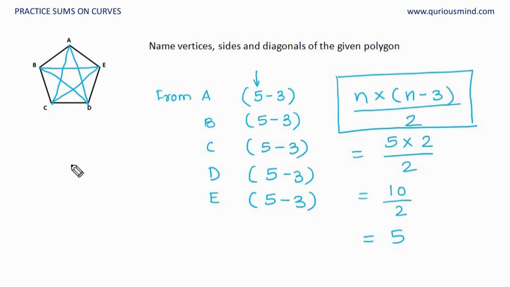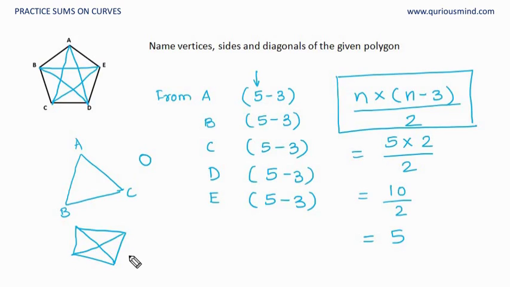So let's take an example of, let's say, a triangle. How many diagonals do you have in a triangle? I don't have any diagonals because all the vertices are adjacent. So I have 0 diagonals in a triangle. What about a quadrilateral? In a quadrilateral, I have 1 diagonal and another, so 2 diagonals.